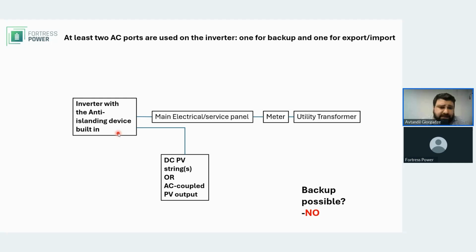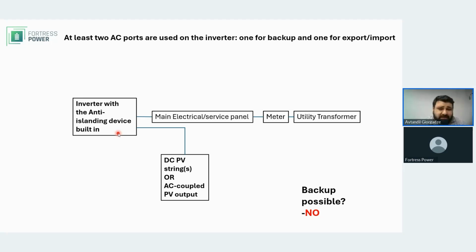But the battery is connected to the inverter. The inverter is connected to the main electrical panel. You have your DC coupled PV or AC coupled PV also going to the inverter. And this would mean that you have no backup, but you can send the power from your batteries or from your PV to your loads and or to the grid.